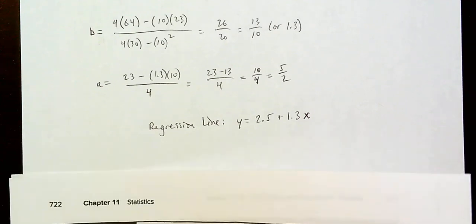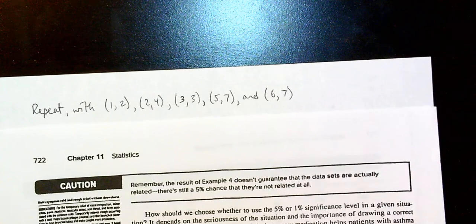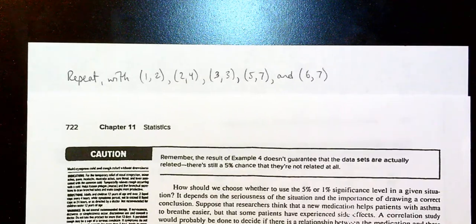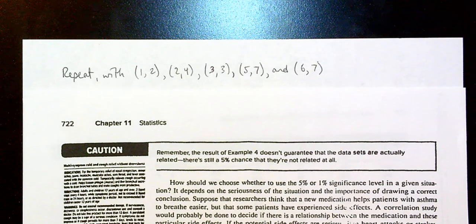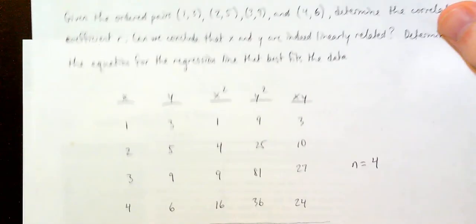So let's go right into our next problem. You're going to do the exact same thing, but with 5 data points this time: 1, 2, 2, 4, 3, 3, 5, 7, and 6, 7. What I want to challenge you to do is to first come up with that table like we did for our previous sample problem.